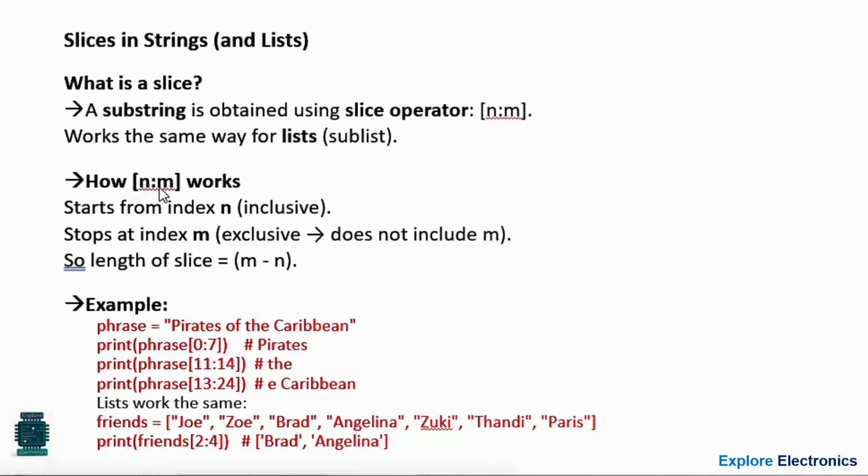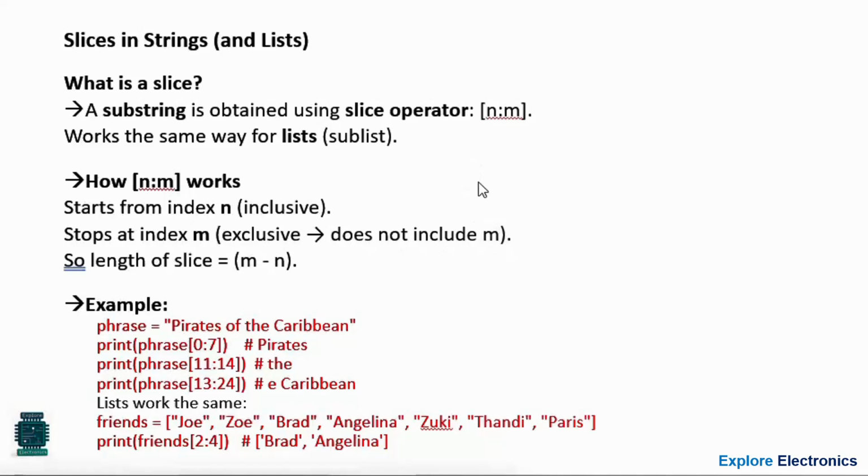Let us see how it works. n colon m starts from index n and stops at index m. n is the starting point and m is the stopping point. It is exclusive, it doesn't include m.